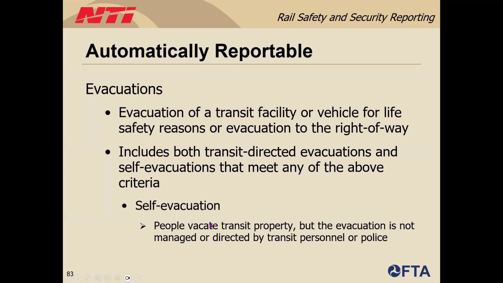We do capture a self-evacuation flag, but please notice that the self-evacuation is not a type of evacuation. This will be a side checkbox, to identify that this is either a life safety evacuation or an evacuation to the right of way. If they did exit the vehicles by themselves without authority or direction of an official, then you would also check the self-evacuation flag.